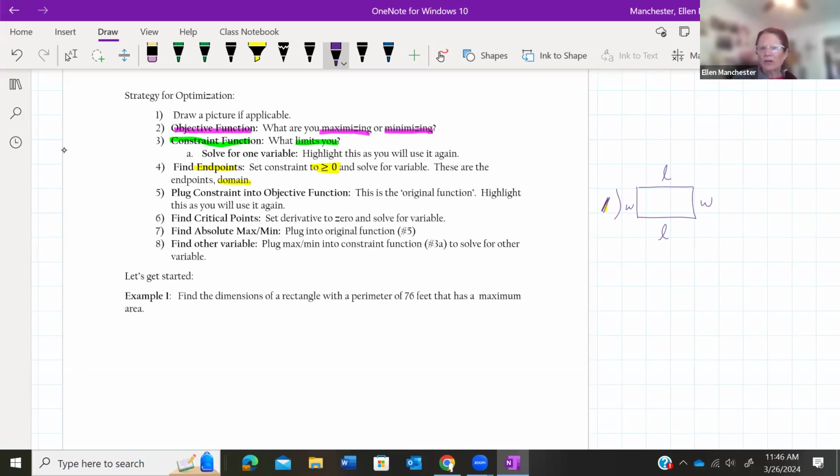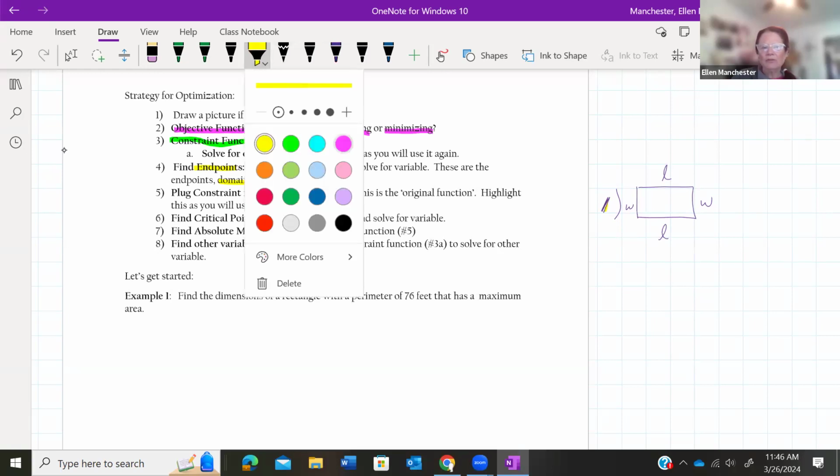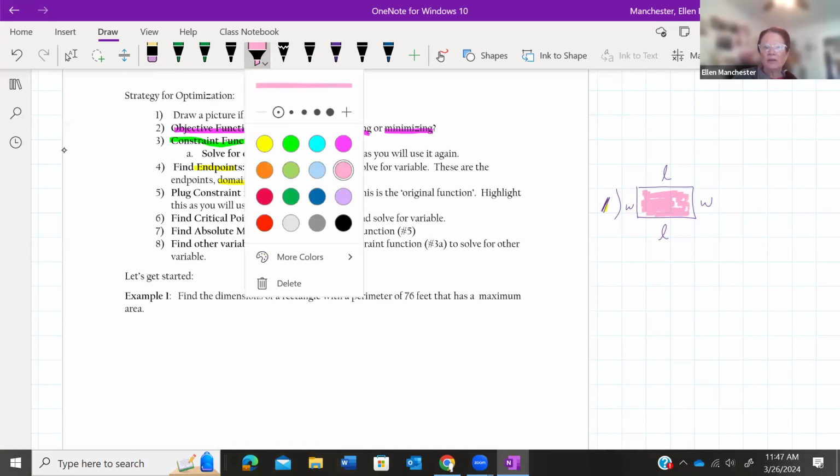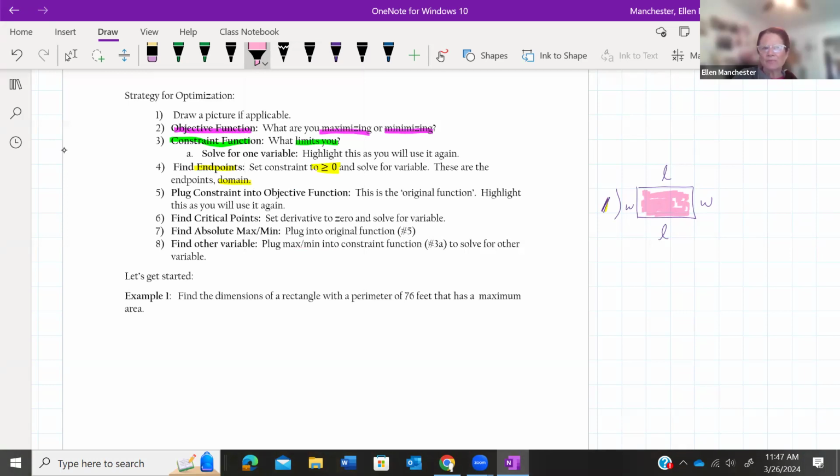What we're looking for is the maximum area, right? We're looking for all of this area in here. I want it to be as big as it can possibly be, all right? But I have a problem. I only have 76 feet of fencing.